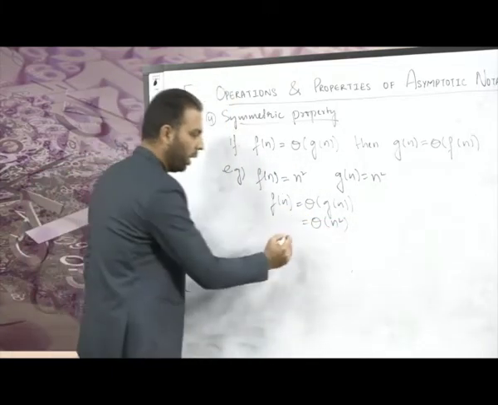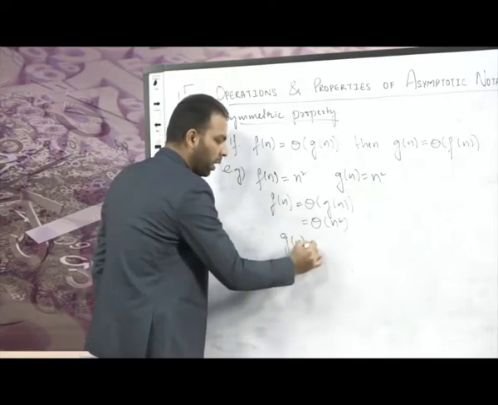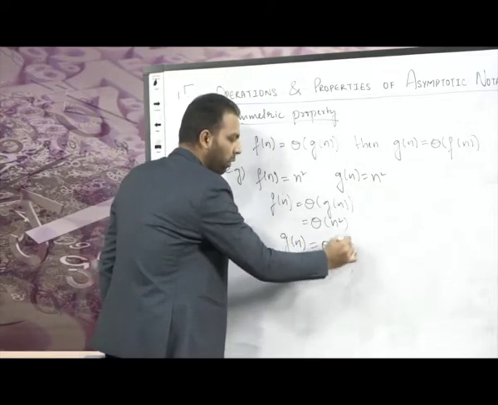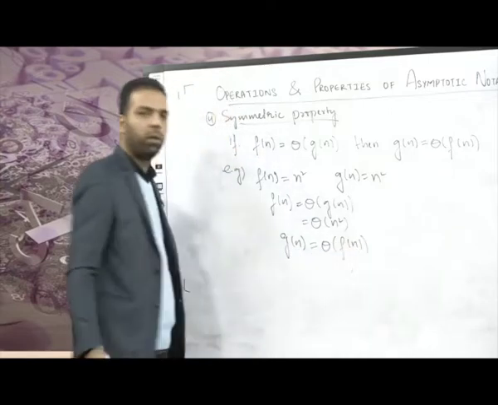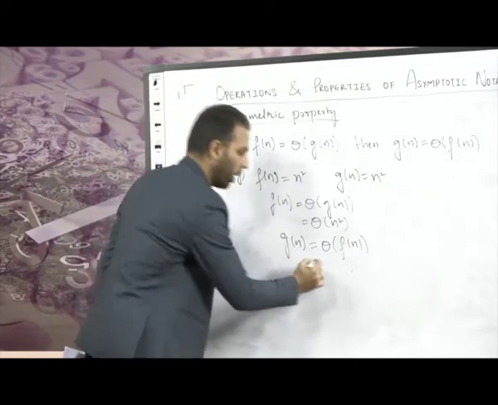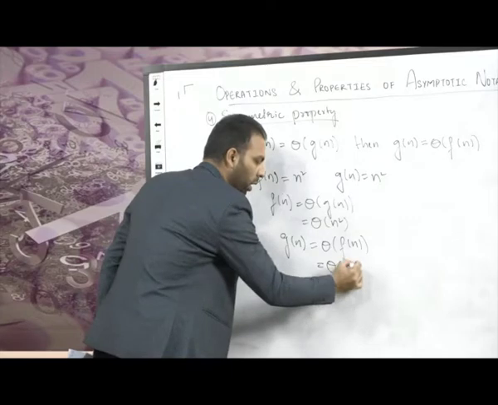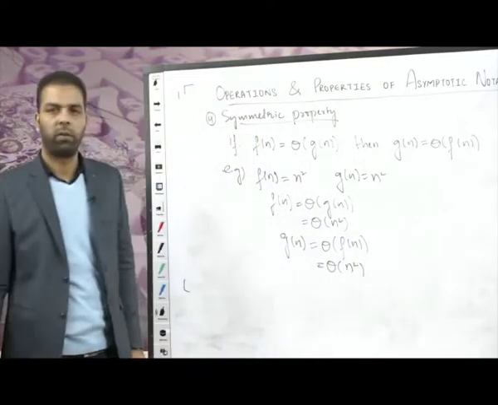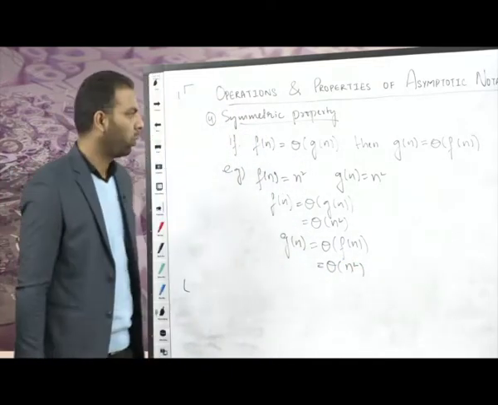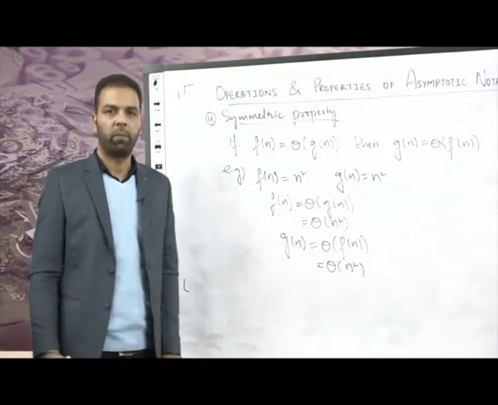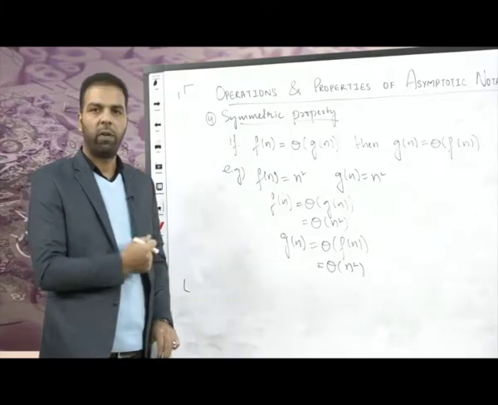And we can also say that g of n is equal to theta of f of n. So what is f of n here? N square. So it will be theta of n square. Fine. So that is your symmetric property.